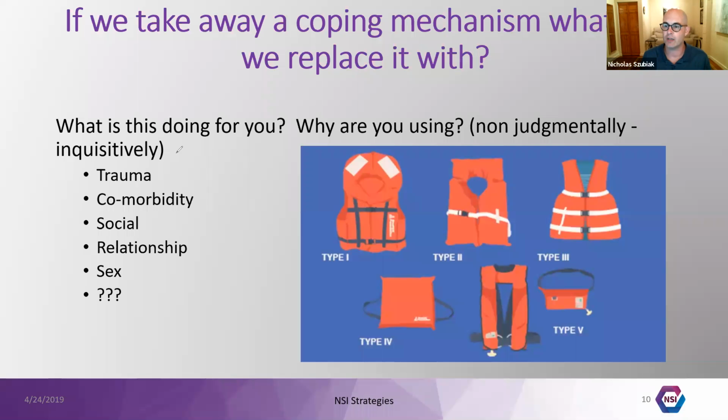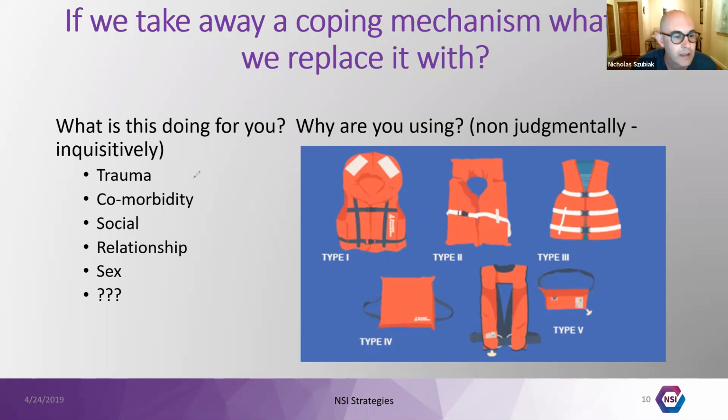Why are you using? Again, it's not from a punitive parental approach of why are you using, but what is it that, despite all that's going on, this use is doing for you? Because if we start to identify that, we can start to tailor and individualize for our clients, patients, exactly what they need.